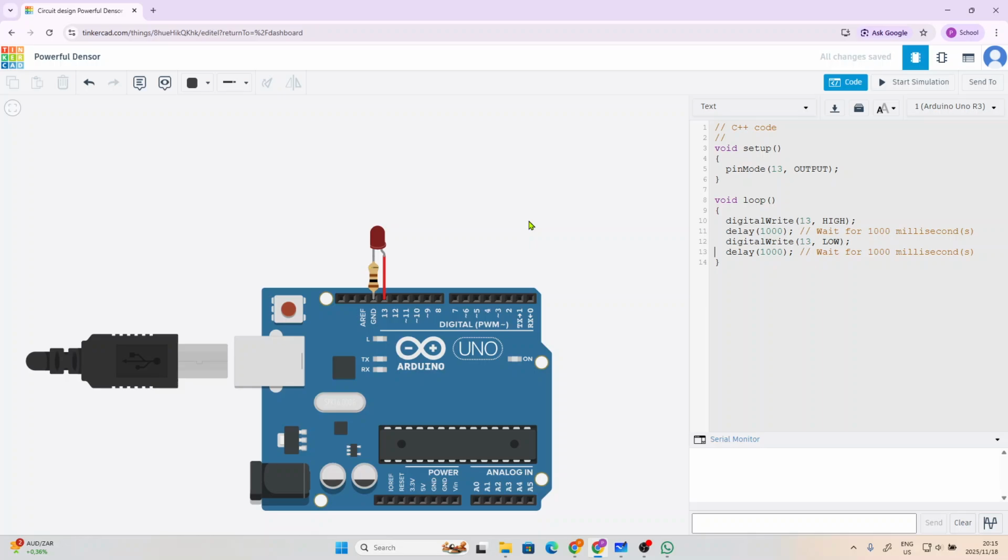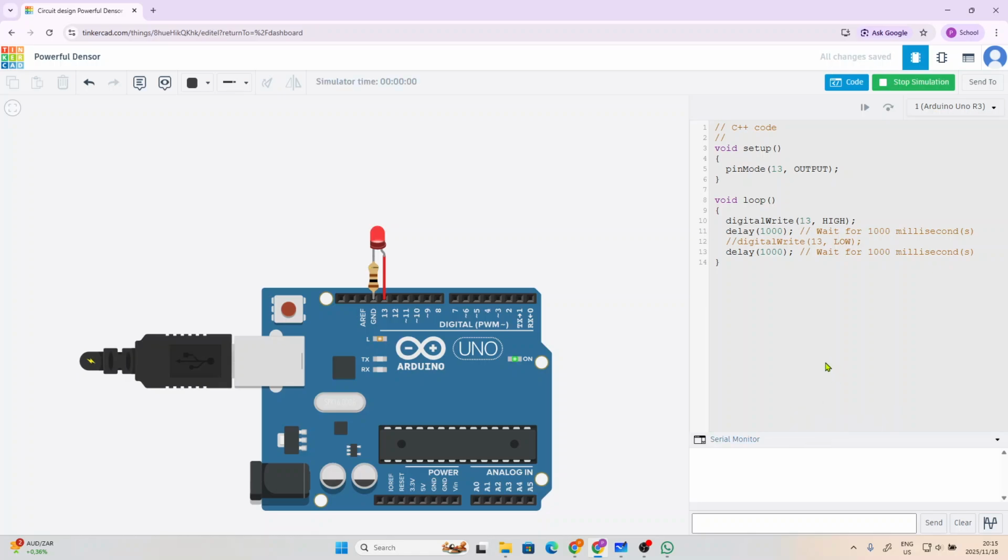Wouldn't you remove the delay, line 12? Yes, line 12. So let's remove it by commenting it out, so the board ignores it. Right, there, it's staying on. Would you look at that?